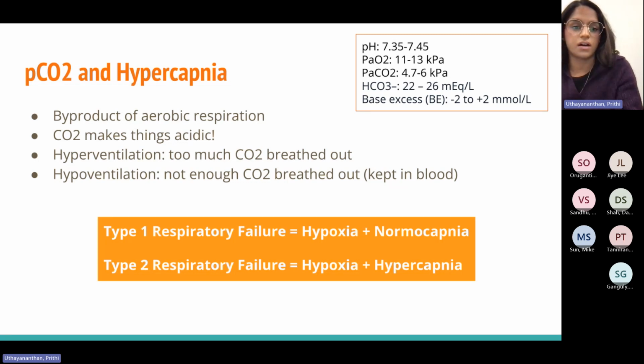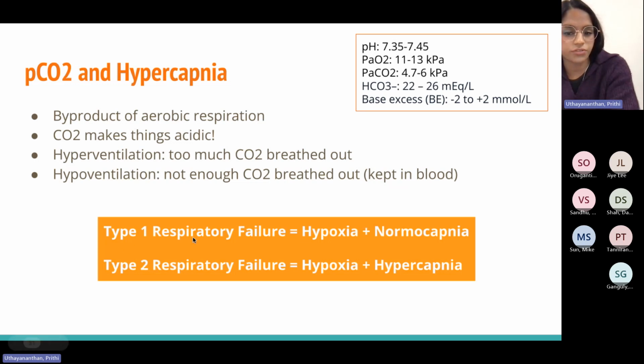Conversely, if they are hypoventilating, they're not breathing off enough CO2, so it's kept in the blood, and that's going to make the patient acidotic. If there are changes in the pH coupled with changes in the CO2, that more often indicates a respiratory cause rather than a metabolic cause.